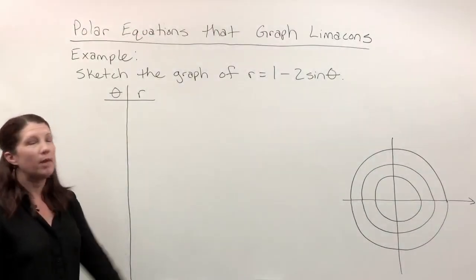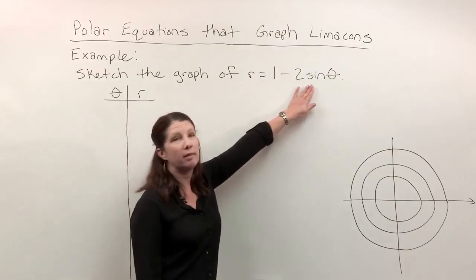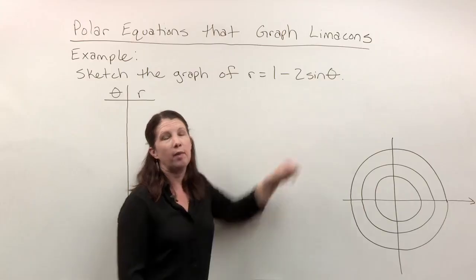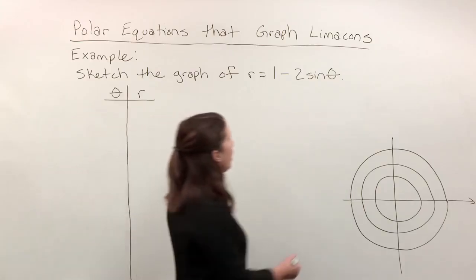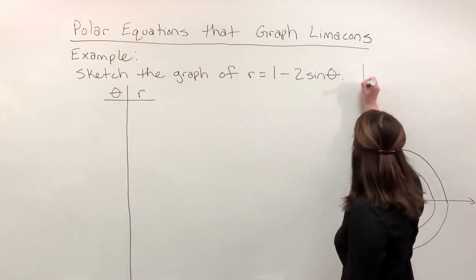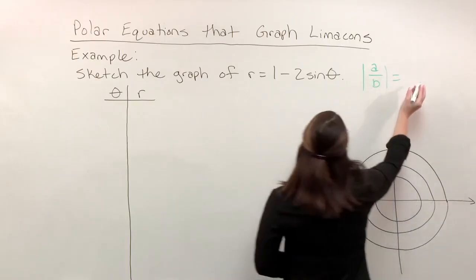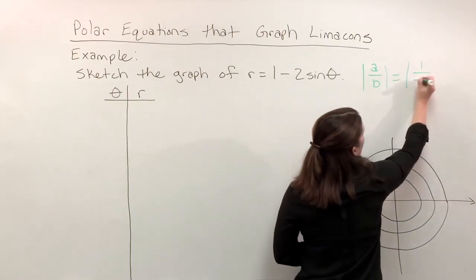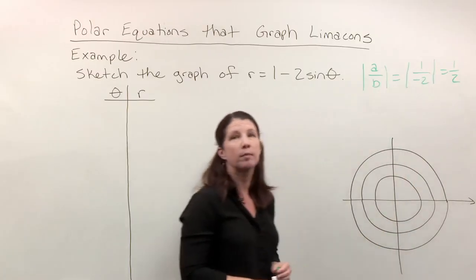In this example, I see that the equation is in the form r equals a plus b sine theta, which tells me that the graph is going to be a limacon. Looking at the absolute value of the ratio a over b, it's equal to the absolute value of 1 over negative 2, which is 1/2.